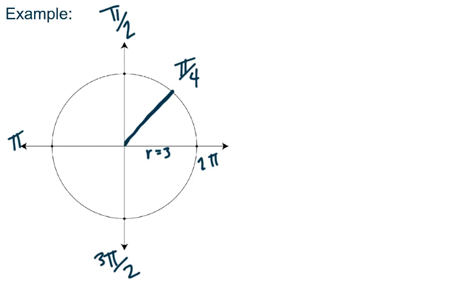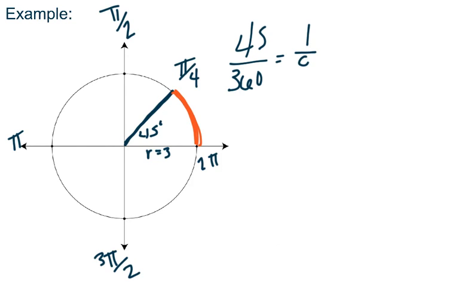So now my radius here is 3. I know this is 45 degrees, but it's also pi over 4 radians, and I want to know what this arc length is. I'm going to do the same thing here and set up my ratios again. So 45 degrees is going to be 1/8 of my entire circle, so 45 over 360 is the same as 1/8 of my whole circle.